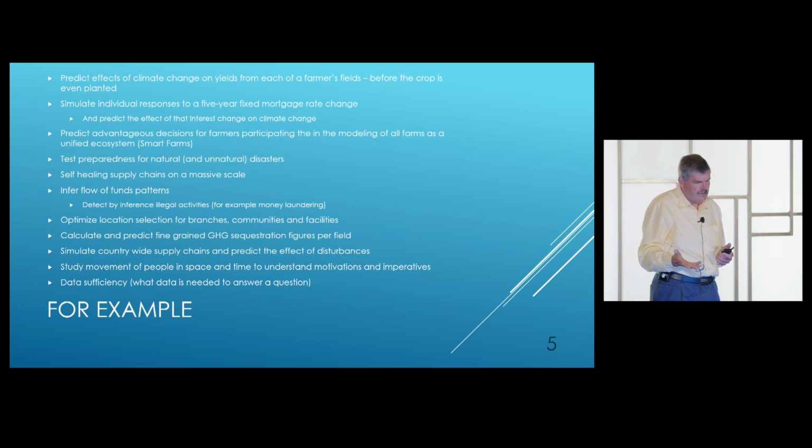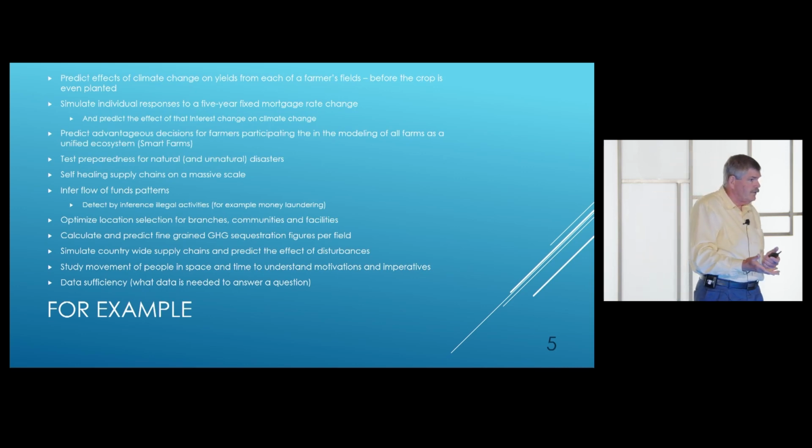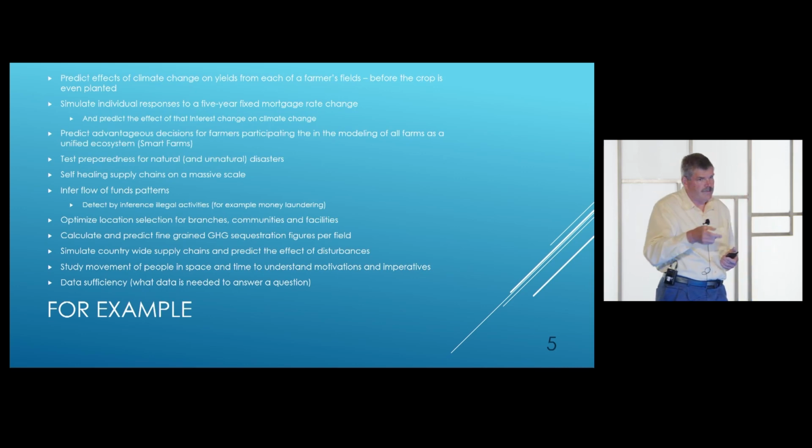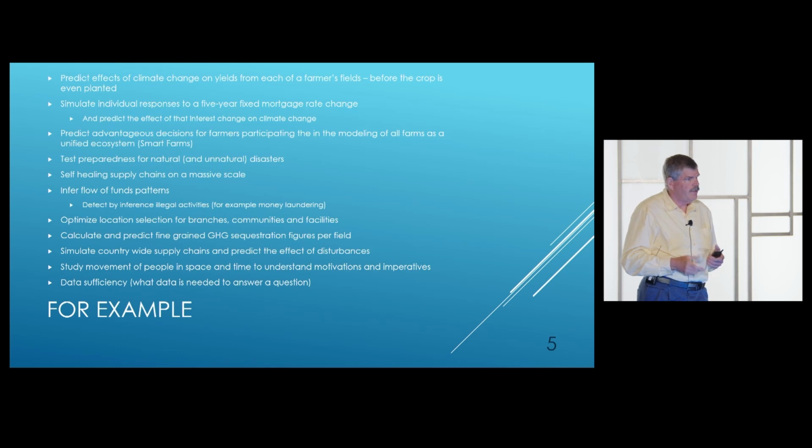There's a few others here that I should highlight. Maybe greenhouse gas sequestration per field. You'll see in just a little bit, I have a slide about that. But you should be able to, with a digital twin, if you have all of the parameters in place and all the connections in place, say, this farmer's field in 1 year is sequestering this much greenhouse gas.